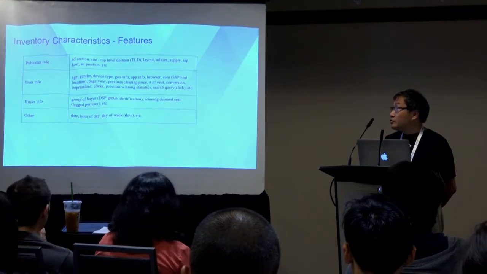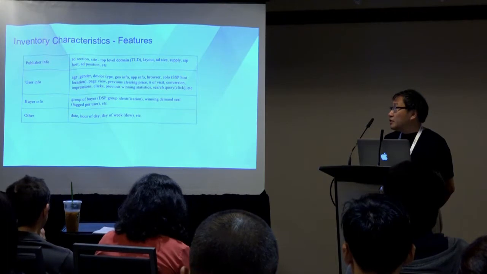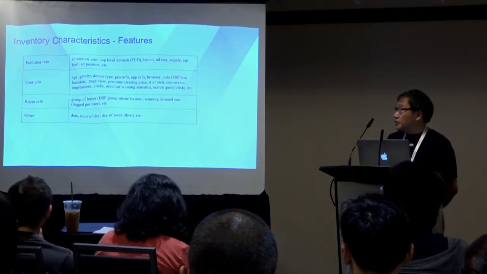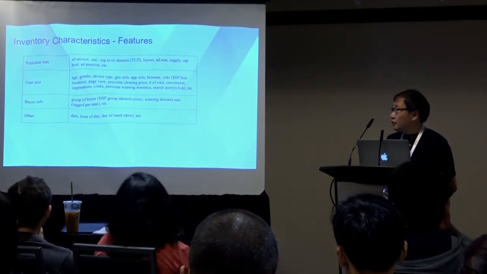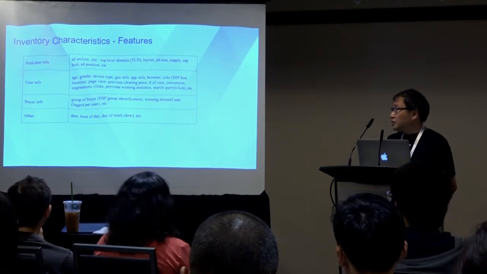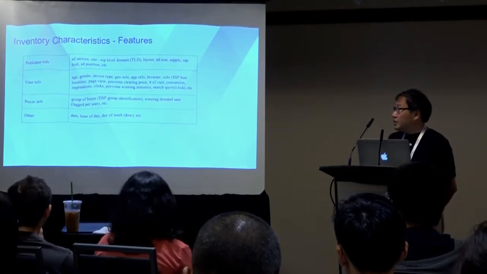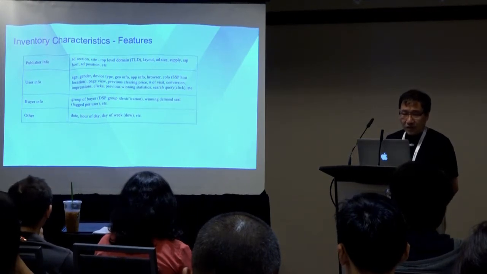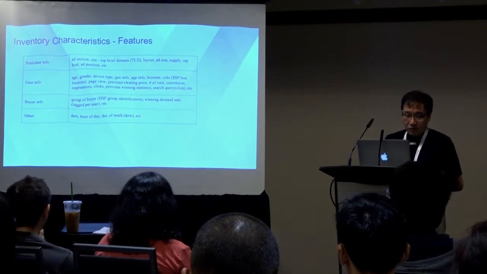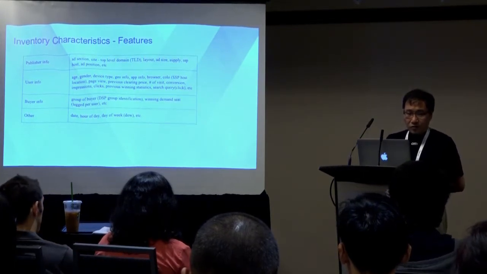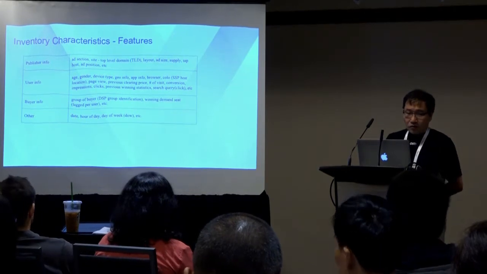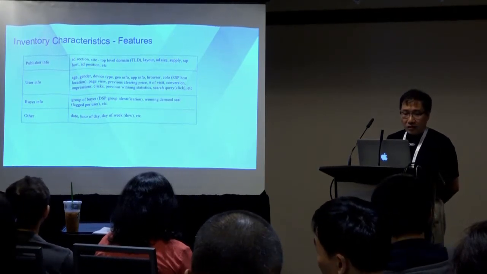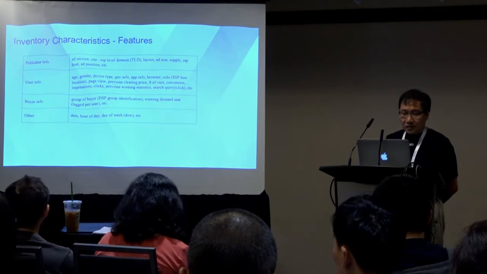That distinguishes our paper from lots of previous papers, which talk about building distributions of valuation functions or bid landscapes. So we look at age, gender, device type, geo information, all those very detailed pieces of information from the user. We also look at the buyer information, like the group of buyers, and so on.